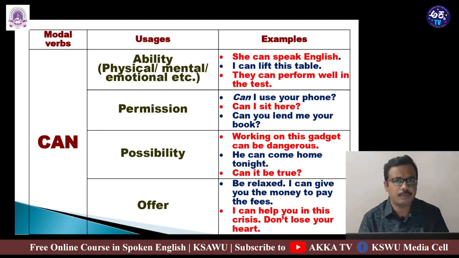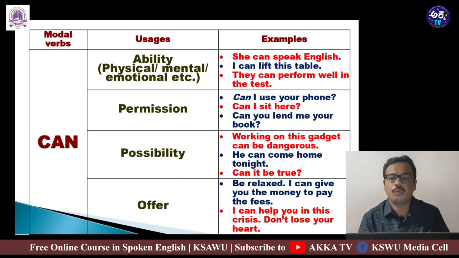I can lift this table. This is physical, right? I can lift this table. I have the strength, I have the energy to lift this table, but I can't lift that stool. I have the capability, the physical strength to lift this table.